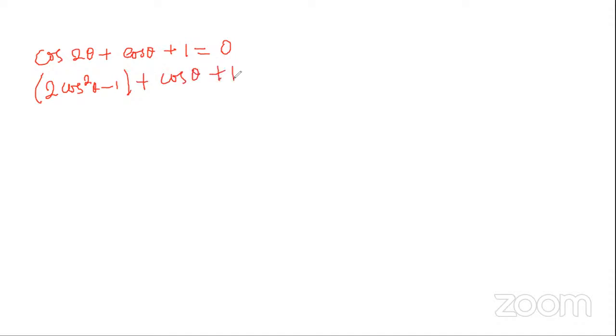So we had begun solving, only that my network went off. Plus cos theta plus 1 is equal to 0. And then we substituted 2 cos squared theta minus 1 plus cos theta plus 1 is equal to 0. So what do we do next?